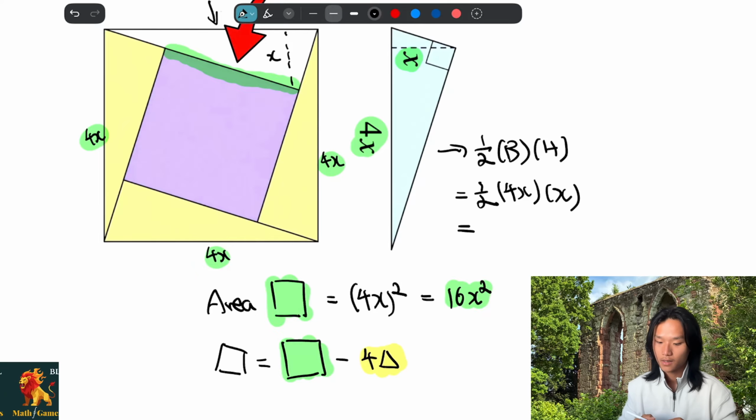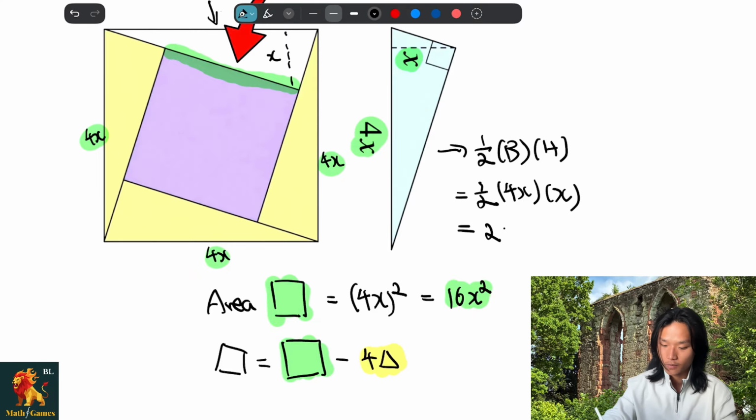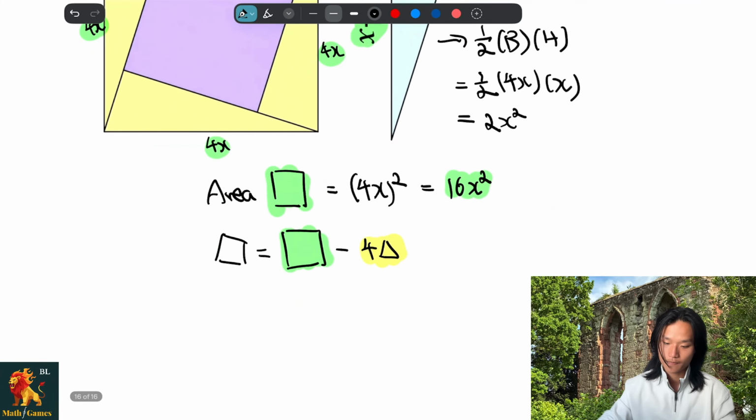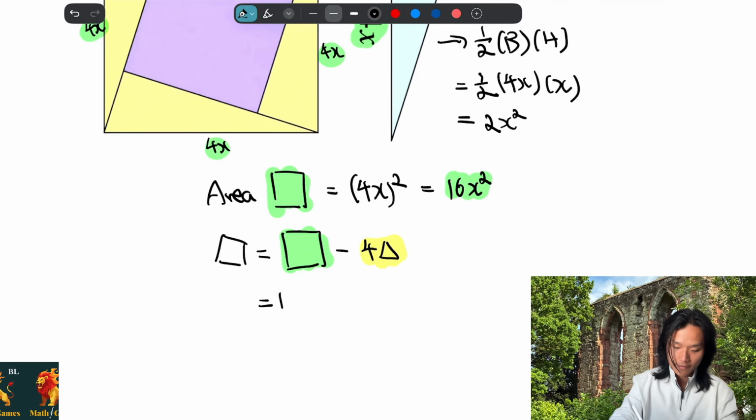So we have a half multiplied by 4, so that is 2, and then we have x times x, which is just x squared. So here we have 16x squared minus 4 times 2x squared.